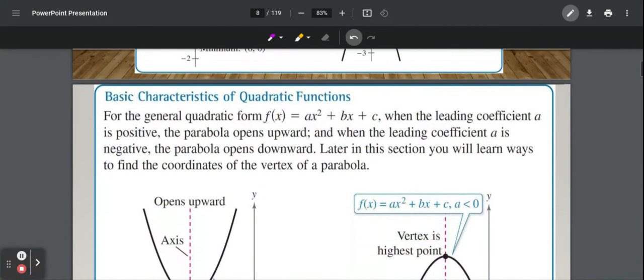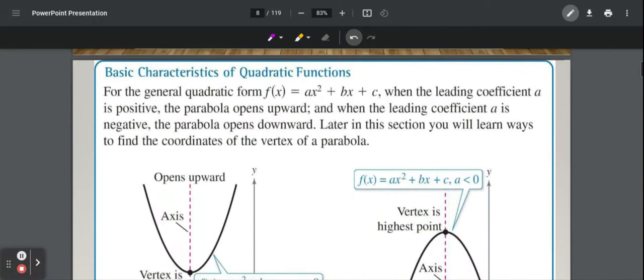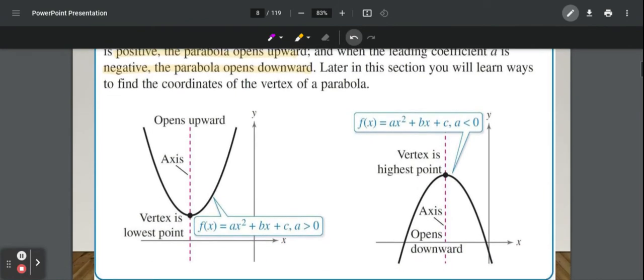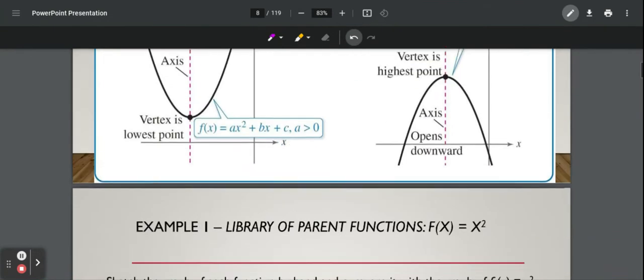So your general quadratic form is ax squared plus bx plus c, where the leading coefficient a is positive. Again, if a is positive, the parabola opens upward. When a is negative, the parabola opens downward. And then in a couple examples here, we will look at finding the coordinates of the vertex.